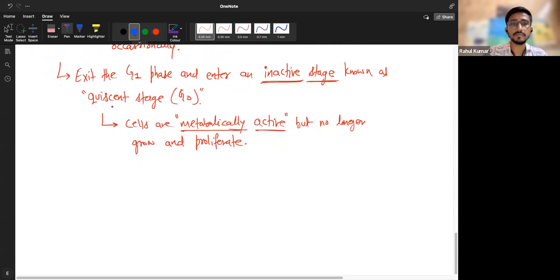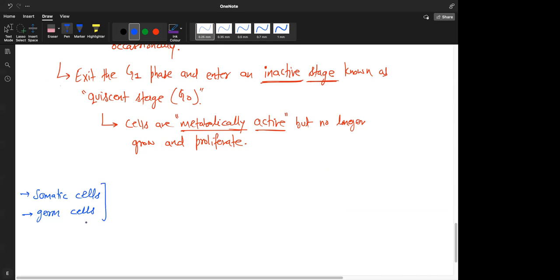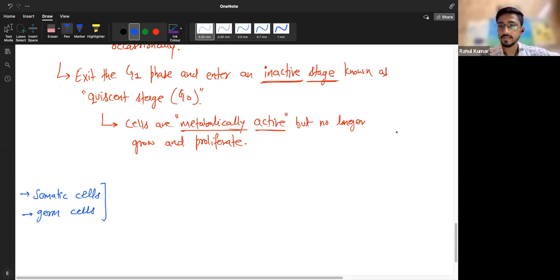Anyone knows the difference between somatic cells and germ cells? No? Okay, so write down. Germ cells are sperm and ovum. Exactly, perfect.